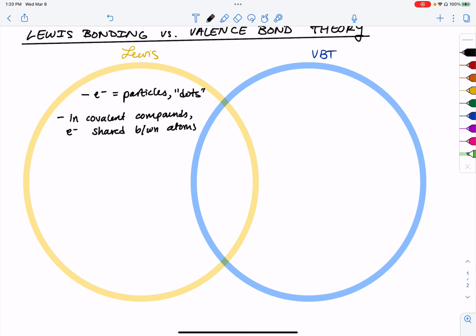So specifically, this sharing of electrons is what we call a covalent bond, where two shared electrons is equal to a single bond drawn as a line in a Lewis structure.